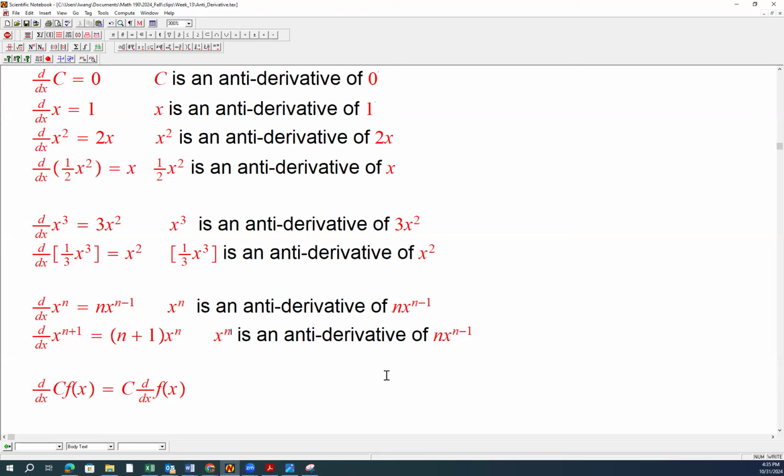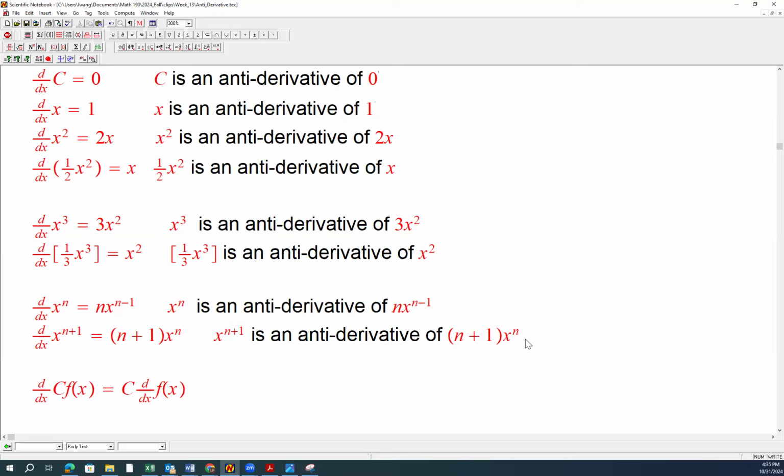So now we can say x to the power of n plus 1 is an antiderivative of n plus 1 times x raised to the power n.